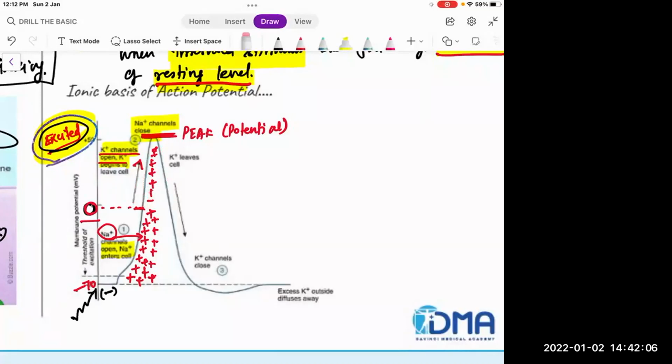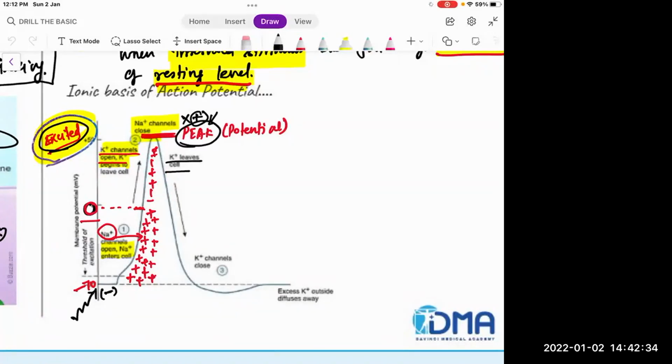No more positive ion is entering the cell. And what help is being given by the potassium channels? It made the potassium ions enter inside. But the job is done. Peak potential is reached. Excitation is reached.